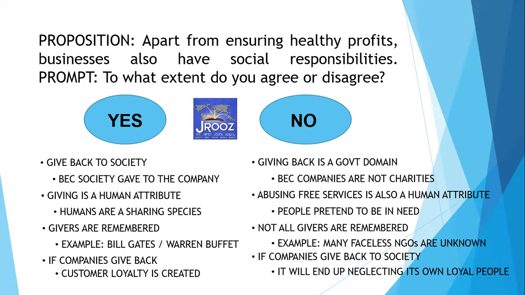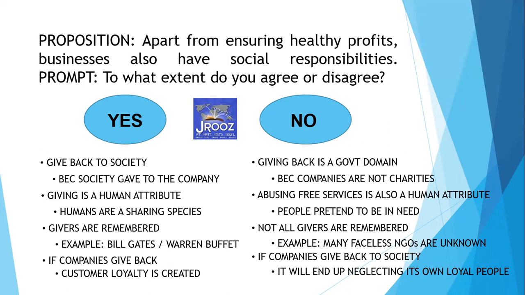So guys, if you notice in the no arguments, they are a direct refute of the yes argument. Do you see, guys? Remember, I think I mentioned it a while ago, guys. Agree or disagree. You should always start with the agree. Always begin with the agree. No exception to that rule, guys.